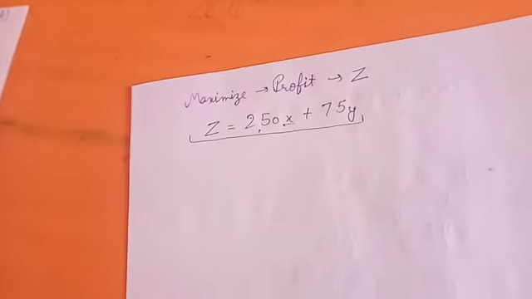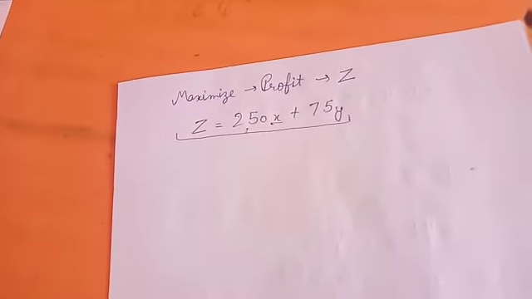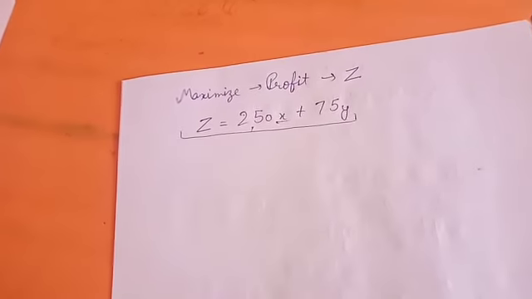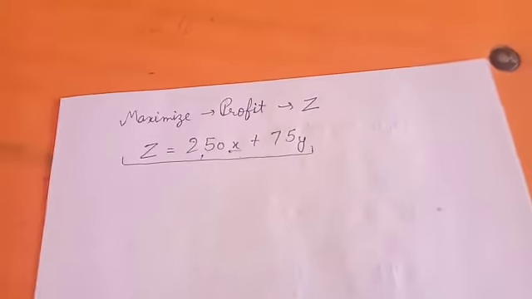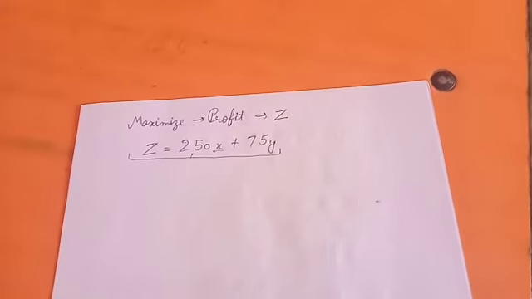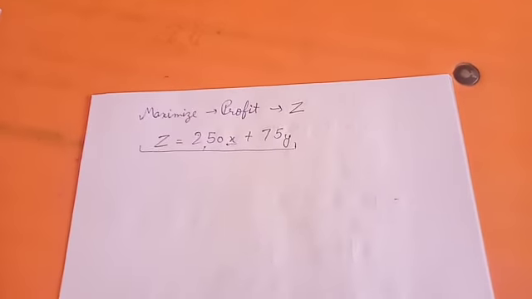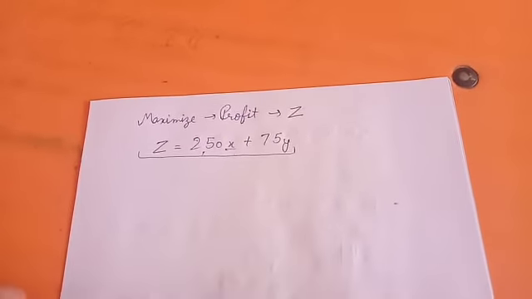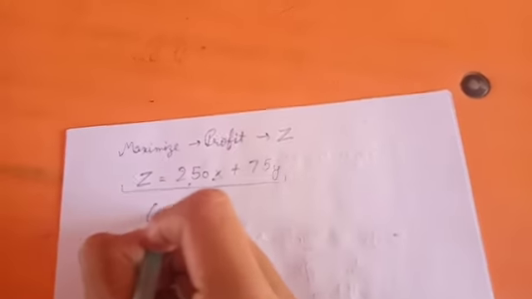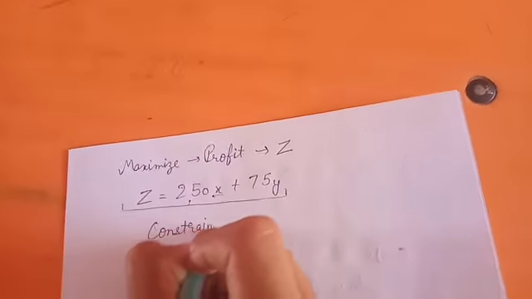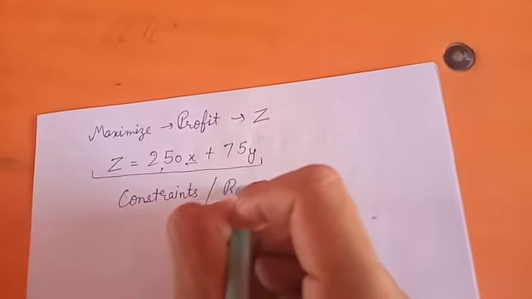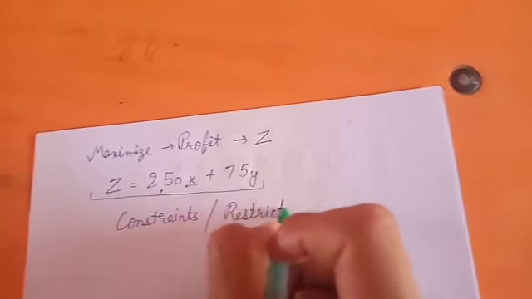Whatever these are, it may be money or space or anything else that we are not able to exceed, we call them constraints, or restrictions.